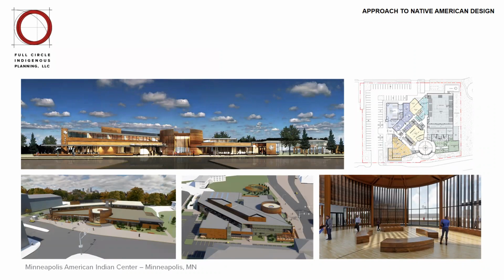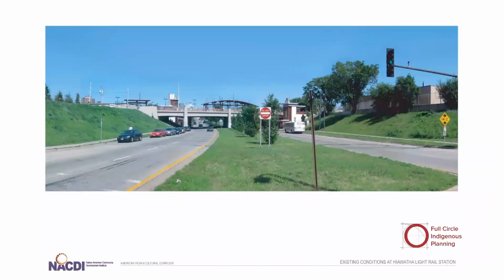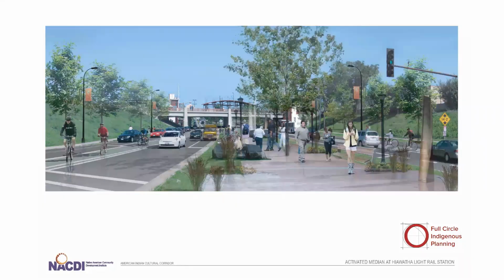Again, all of this is based on that analysis that we did. Through that analysis, we knew that this area near the light rail station was dark, and a lot of not so good things happen here. So we are in the process of changing that into a park.